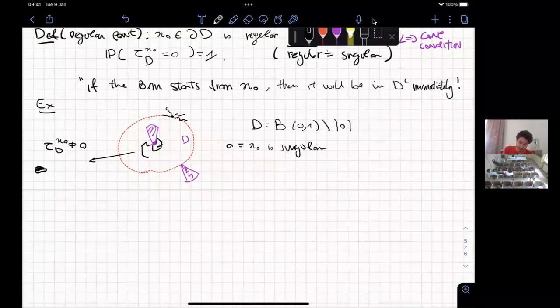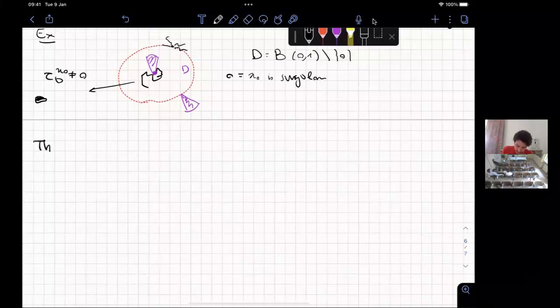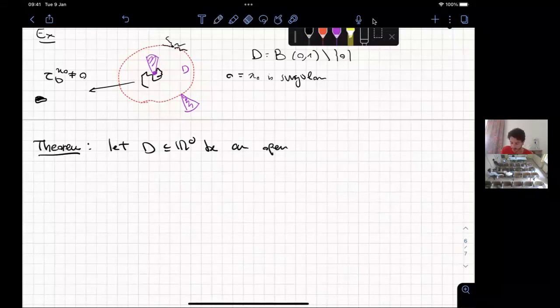So let's go for the final theorem. What I was saying is: let D belonging to R^d be a domain such that every point of the boundary of D is regular.